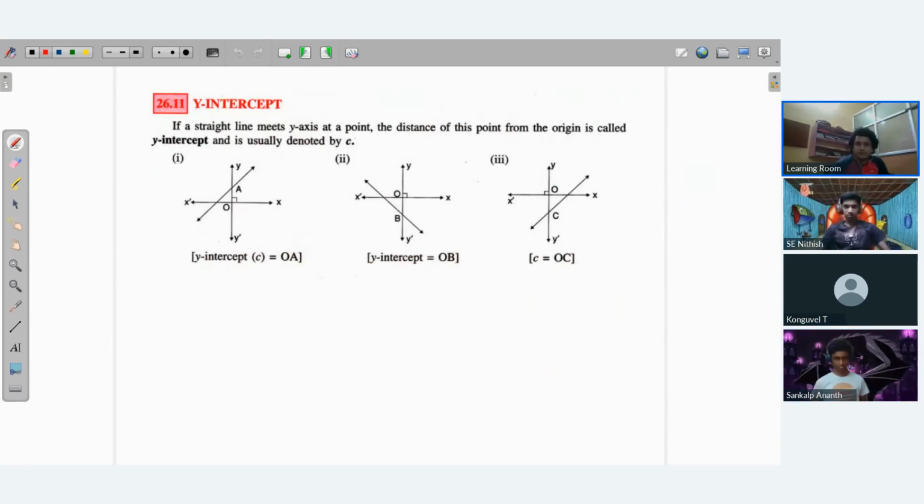The third thing which we are going to learn today is called the intercept, the y-intercept. Does anyone know the literal meaning of intercept? It is like going between something, dividing two things and going through it.